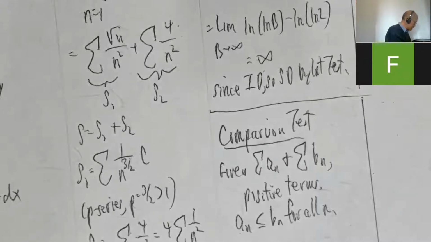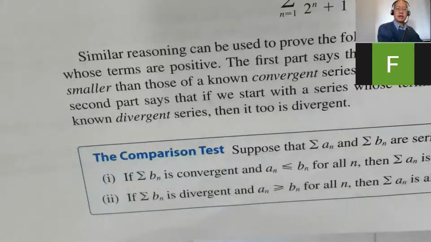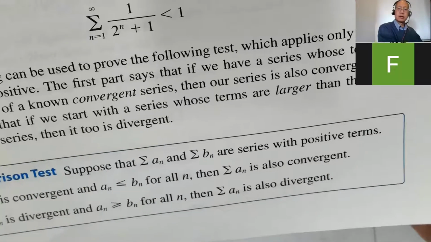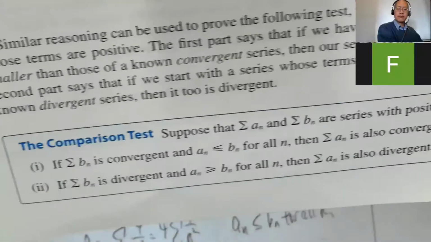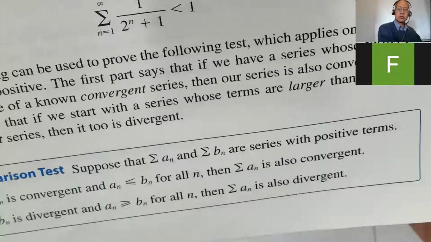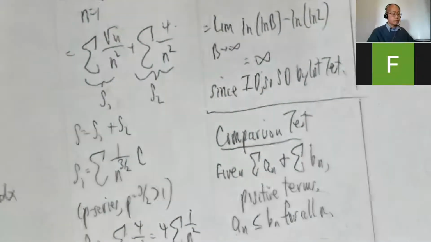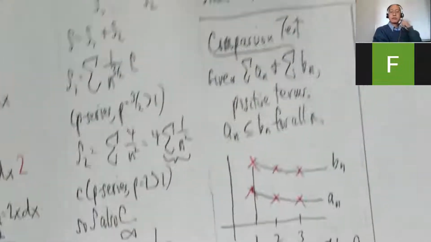All right, so if you want to see the comparison test in the text, it's on the bottom of 727. I'll just show it to you quickly for those of you who don't have the book and aren't getting it. Okay, it's correct. There's nothing wrong with it. But I'll give you my variation. All right, so comparison test.